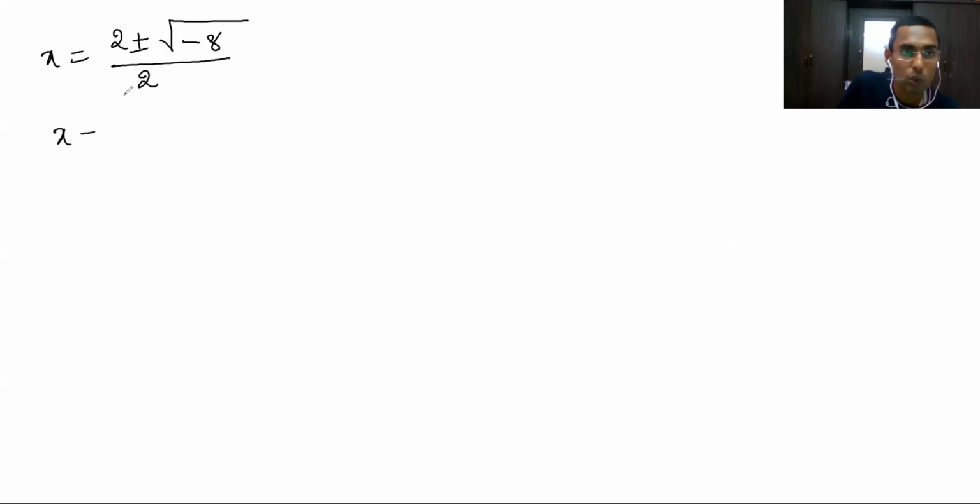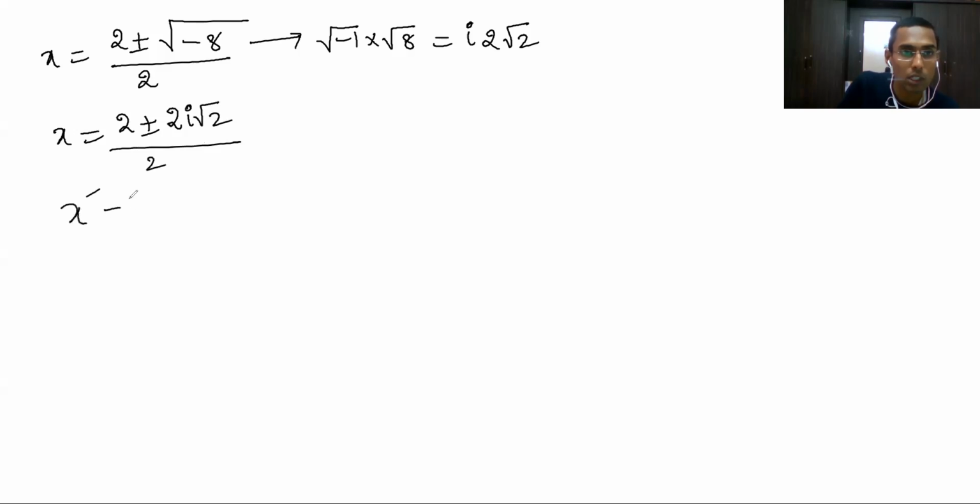So x equals 2 plus or minus root of minus 8, which is 2i root 2, by 2. Taking 2 common, x equals 1 plus or minus i root 2. So one root is 1 plus i root 2, then the other root must be 1 minus i root 2.